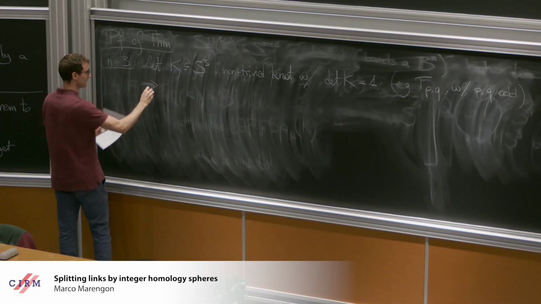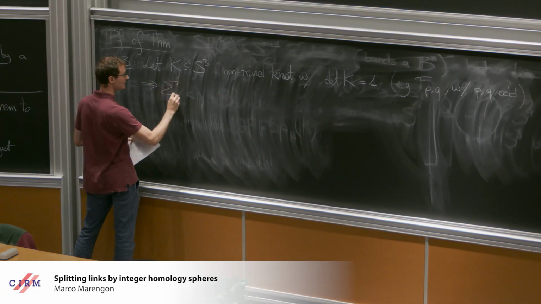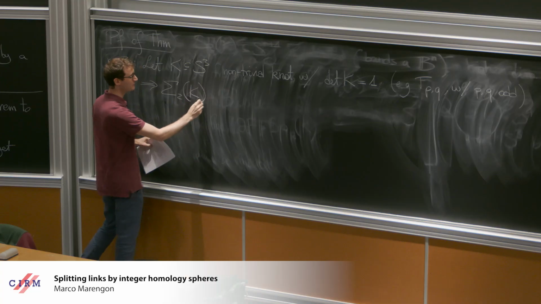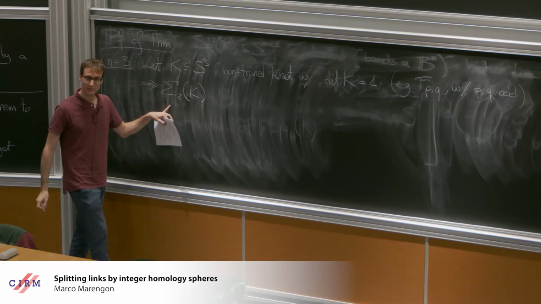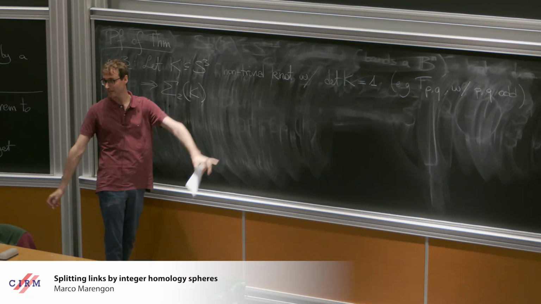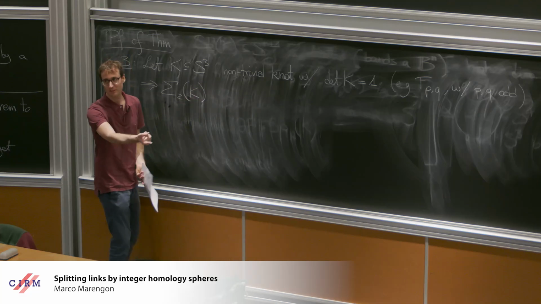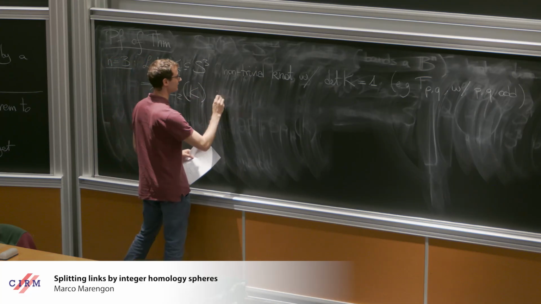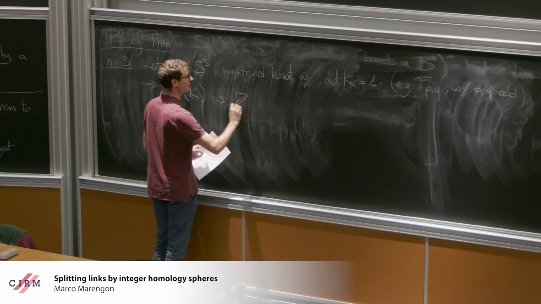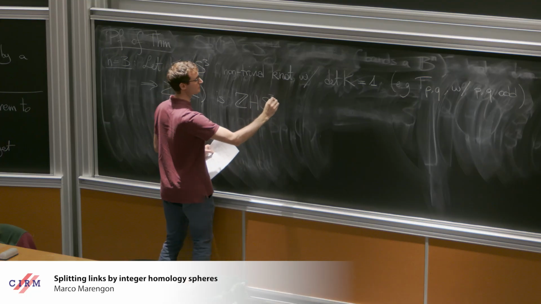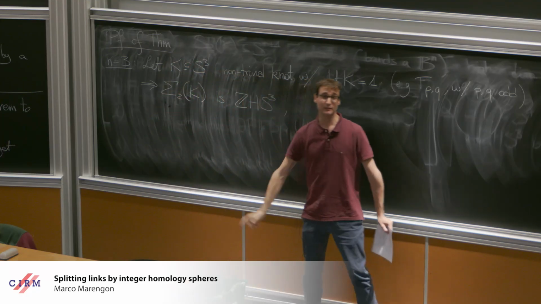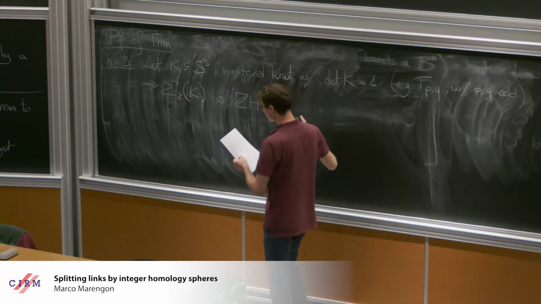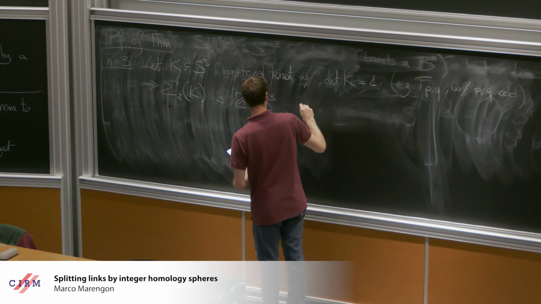The reason is that sigma 2 of K has first homology whose size is exactly the determinant of K. And so if the determinant of K is 1, then this is indeed an integer homology sphere. Moreover, it is not S^3 by the Smith conjecture.